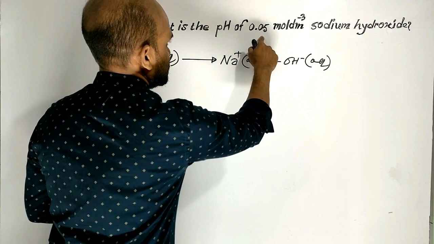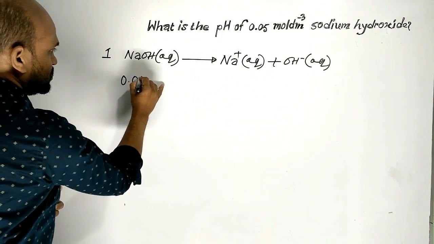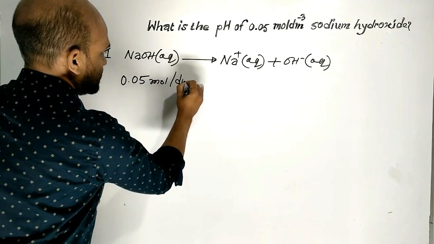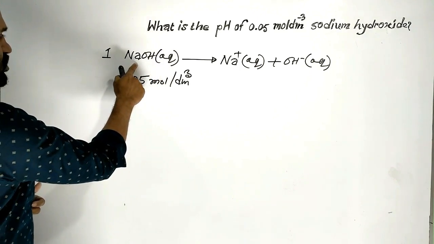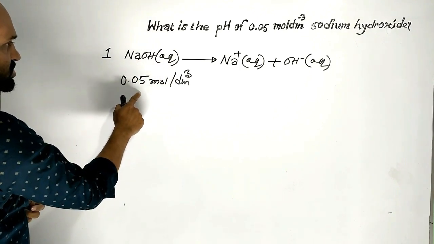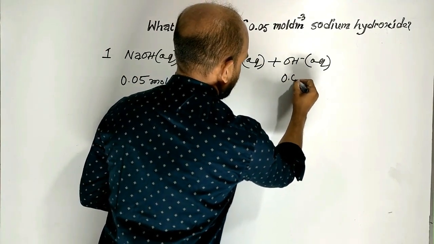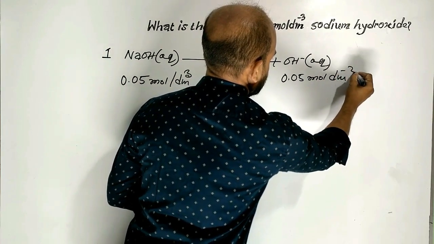Here 0.05 moles per cubic decimeter sodium hydroxide. Then from sodium hydroxide with this concentration, we will get hydroxide ion 0.05 mole per cubic decimeter.